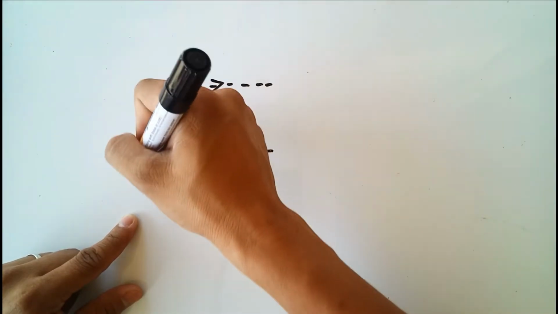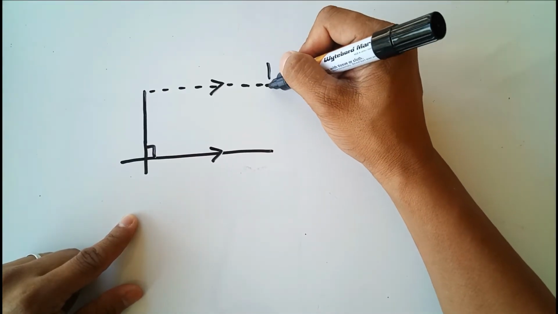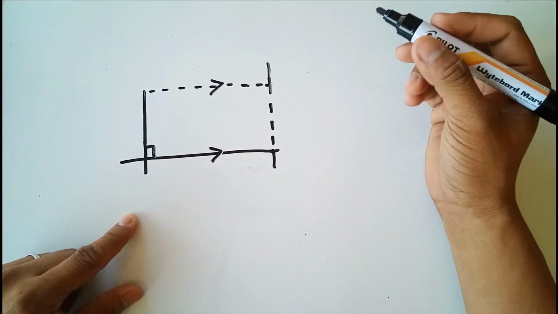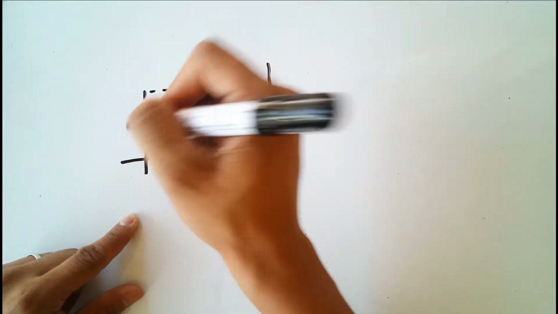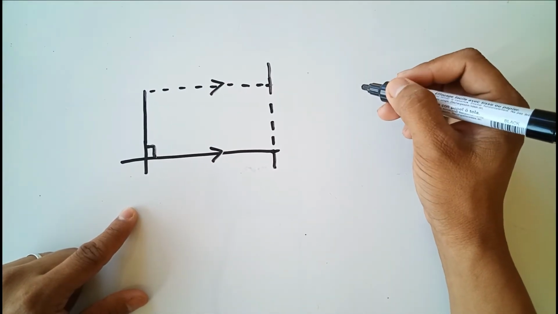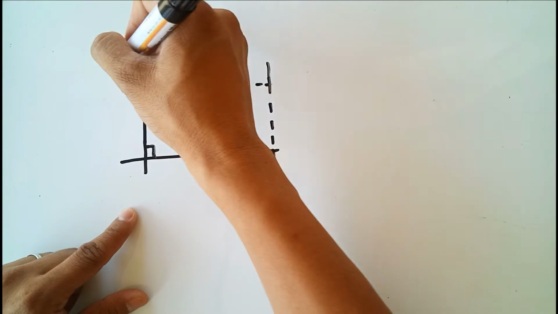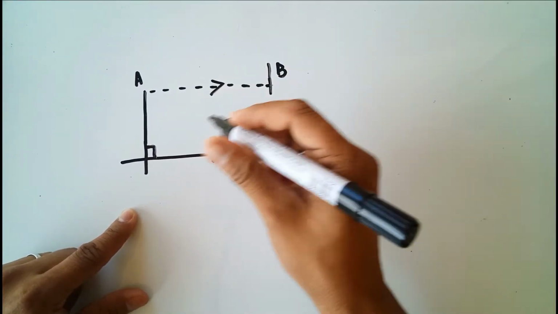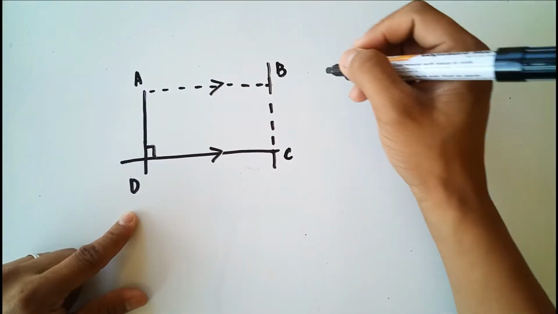And this line, yung kanyang opposite ay parallel din. Now, kung ito ay 90 degrees, based on the definition, let's name this A, B, C, at D.